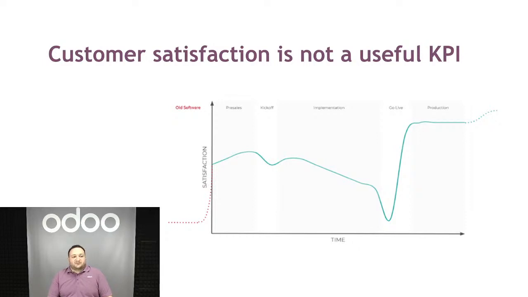But after they start using the system, they'll get excited, start optimizing their business activities using the system, and then think about how to add even more value with Odoo in their operation. So customer satisfaction is a good KPI in the long run, but in the short run, it can be understandable if they're not so happy or are confused with the system.